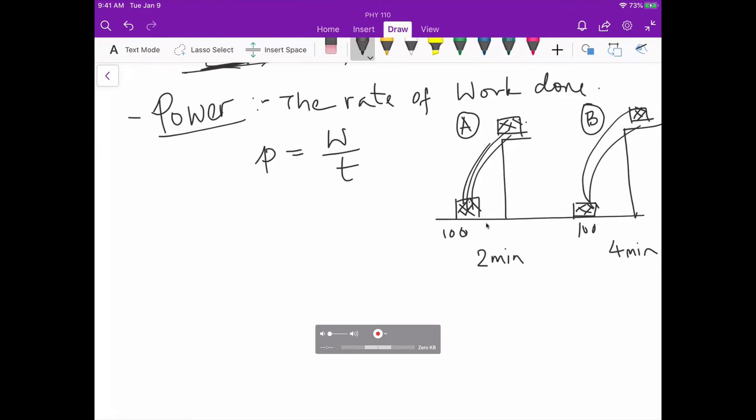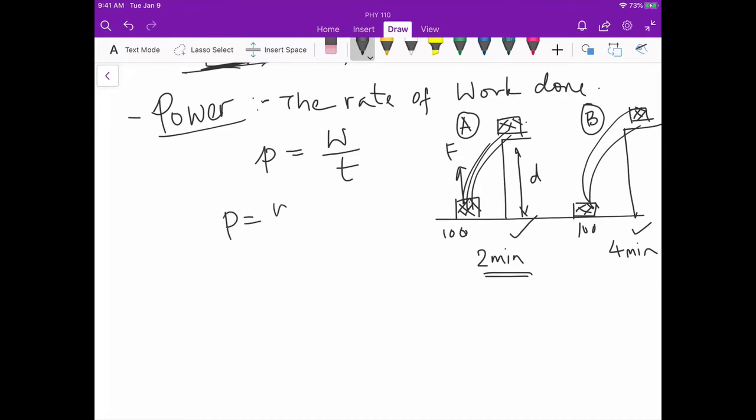The distance in this case is in the upward direction, and the person applies force in the upward direction, so there is force times distance being applied. That means work is done in a certain period of time. One did it in 2 minutes, the other in 4 minutes. The more powerful one is A, who accomplished the work in a shorter period of time. As a result, power is equivalent to work done over time.